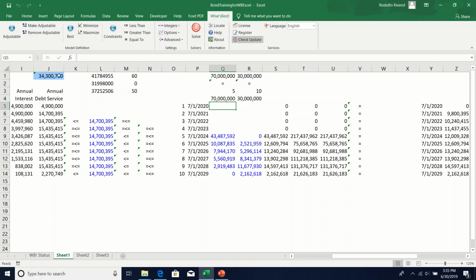We go now to 34 million. Let's see where our break even is. It's somewhere between 60 and 70, so let's try 65. Just goes up slightly. It's a little under 65 million.